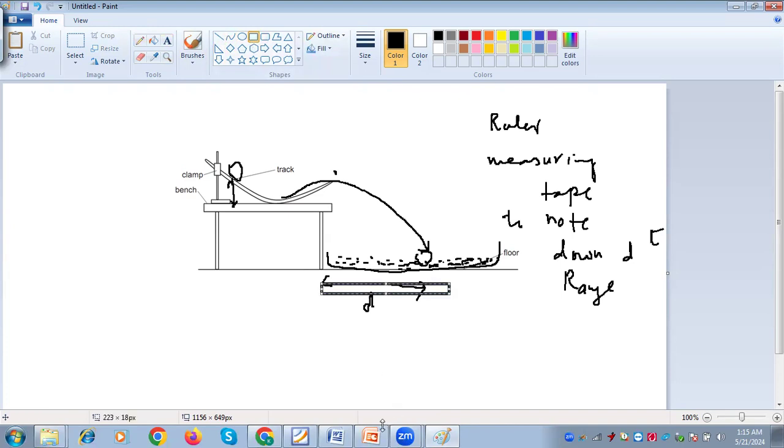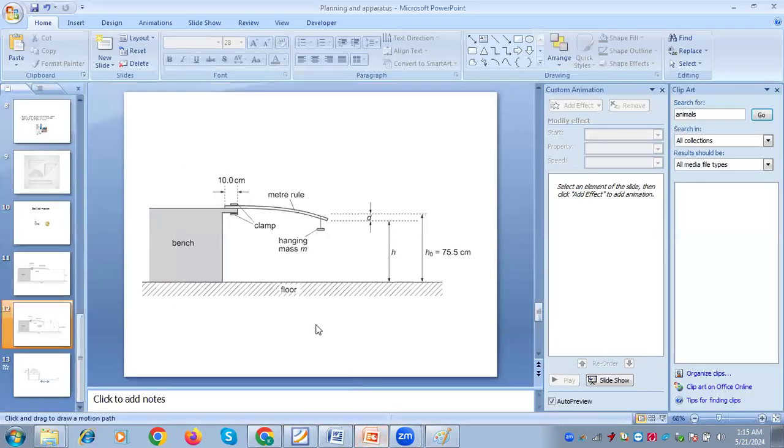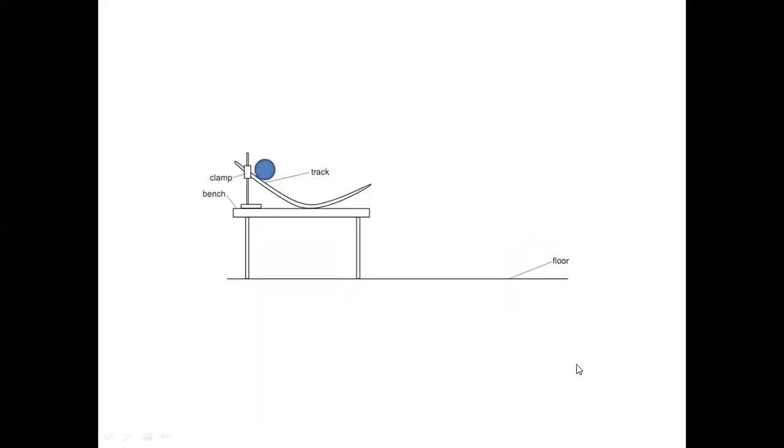Okay, now let us see what will be the piece of the track, how it will be moving the ball, how will you place the ball, and how this will be moving. Okay, this was the previous diagram. See, this is the ball. So this is the position where the ball lands. So this distance will be d.